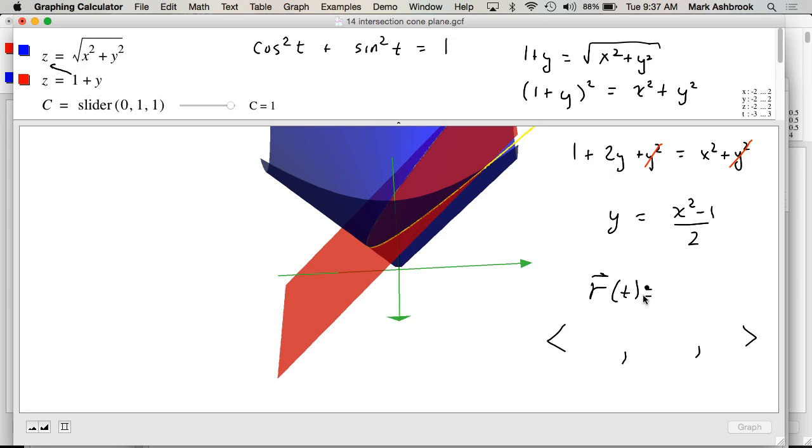If we let x be t, then we'd have y in terms of t, and then we could easily have z in terms of t. Do you see that? So if I let x be t, then what's y? T squared minus 1 over 2. And what is z? Now z equals 1 plus y.